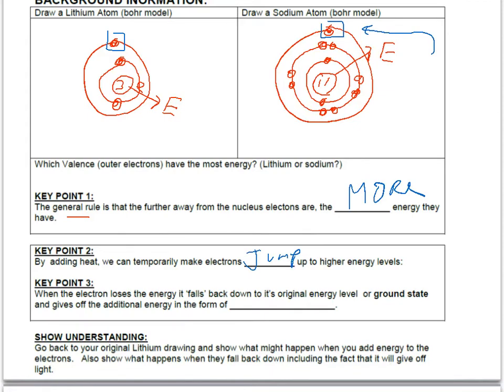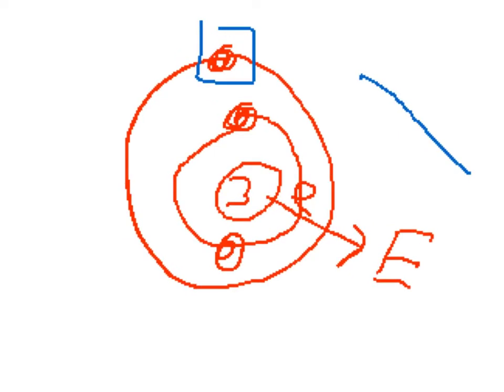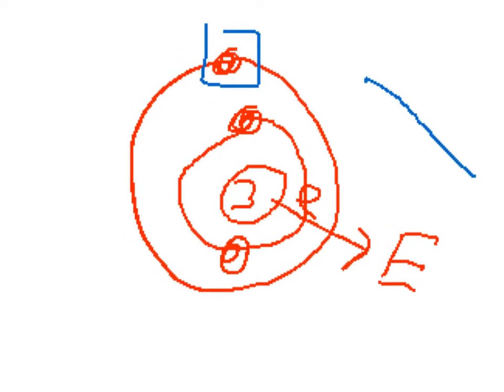So, if I zoom in here, if I add some heat to this atom, fire, what will happen is these electrons can actually move up temporarily to another energy level.